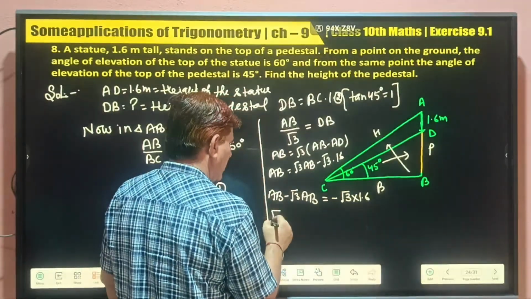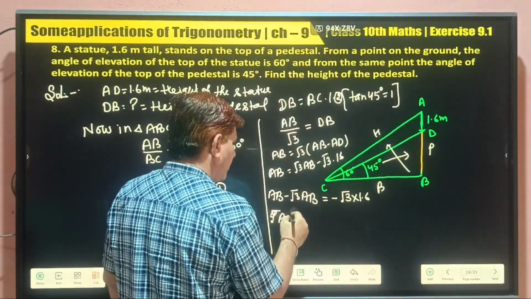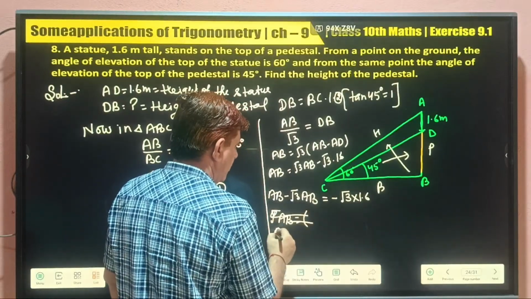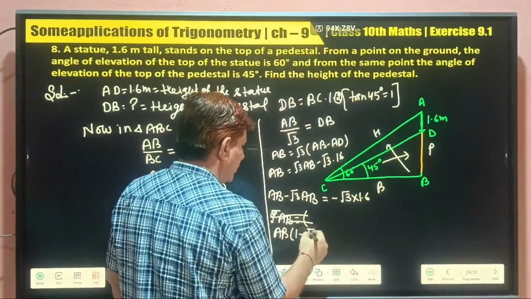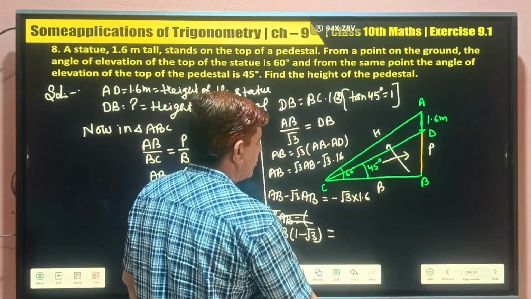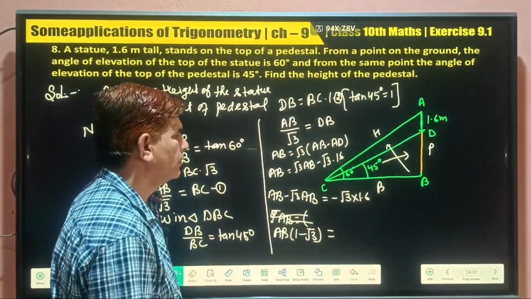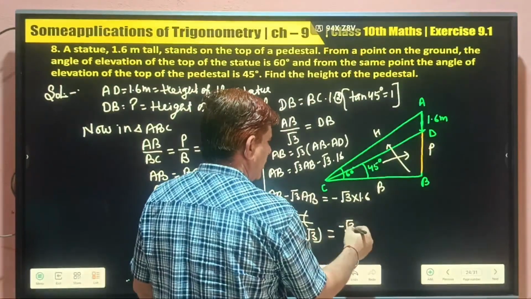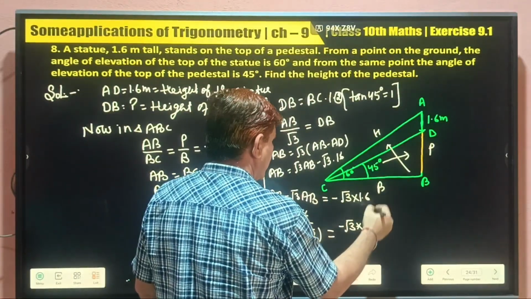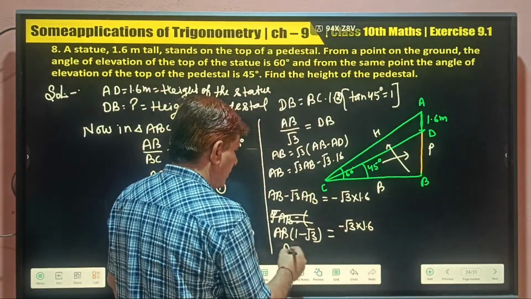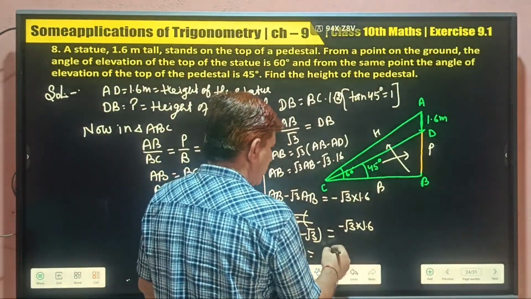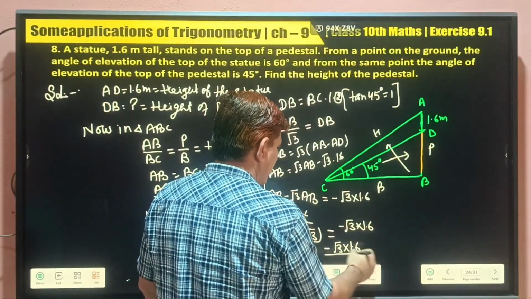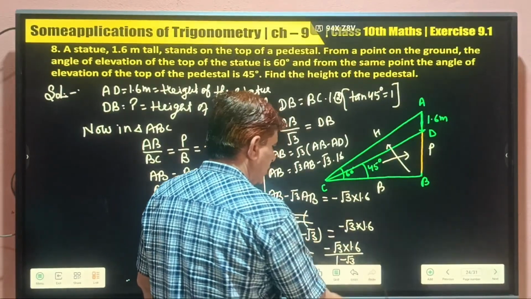AB is common, taken common: 1 minus under root 3 is multiplied, equal to minus under root 3 into 1.6. So AB is equal to minus under root 3 into 1.6 by 1 minus under root 3.